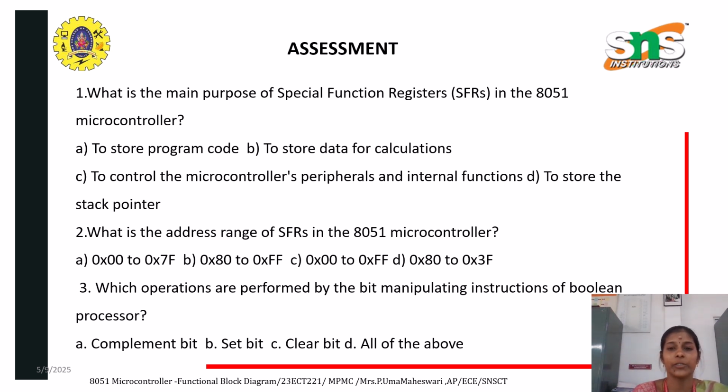What is the main purpose of special function registers in the 8051 microcontroller? To store program code, to store data for calculations, or for use with peripherals and internal functions, and for the stack pointer. And what is the address range? Which operations are performed by the bit manipulating instructions of the Boolean processor?